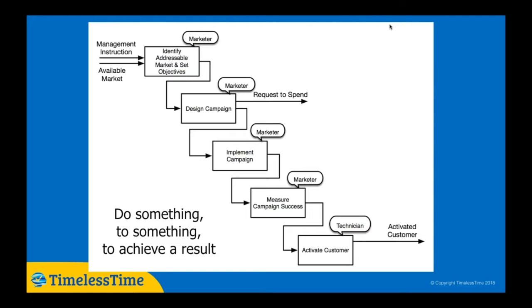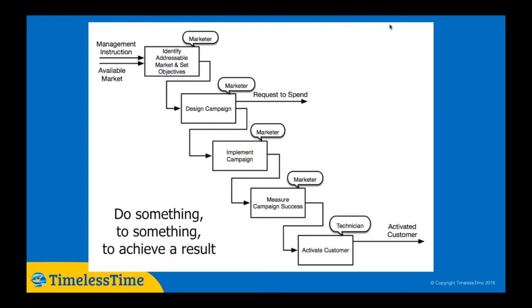Now, as soon as you get this, we're starting to look for accountabilities and responsibilities out of the job. And we can get it into this format that I mentioned last week, and we'll mention again and again, where we look at job descriptions and say, do something to achieve a result.